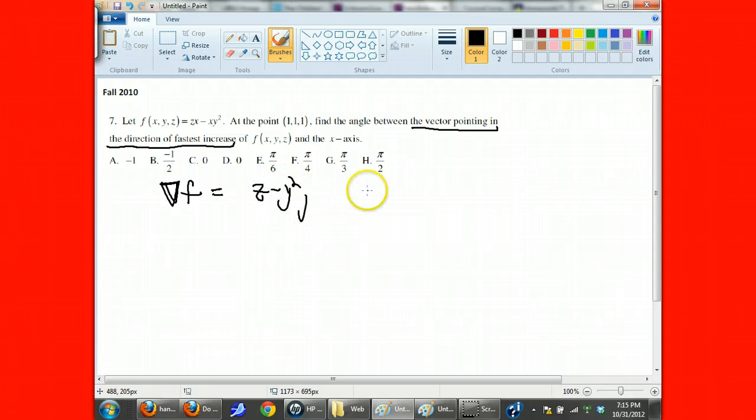Negative 2xy. And the z partial. That's great, that's the gradient. At that particular point though, 0, -2, 1.